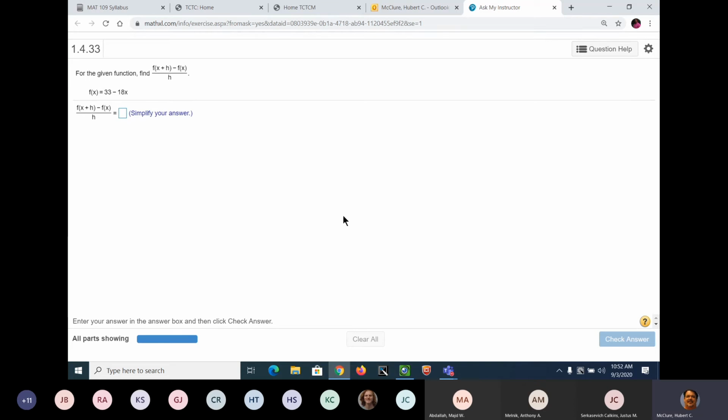m is equal to f of x plus h minus f of x over h. And f of x is equal to 33 minus 18x.